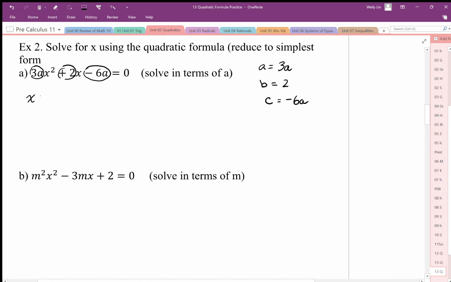So once we've done that, we're going to plug this into the quadratic formula. So we end up with negative 2 plus minus the square root of b squared, so we're going to get 4 minus 4 times a. Now a in this case, there's our a value. So a is going to be 3a.